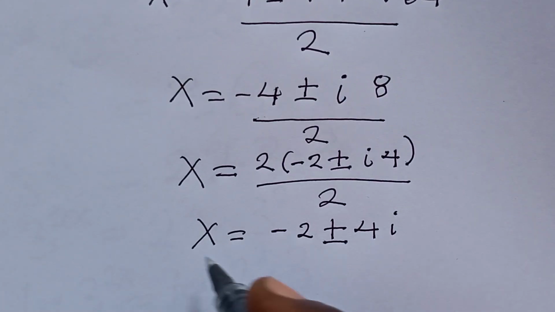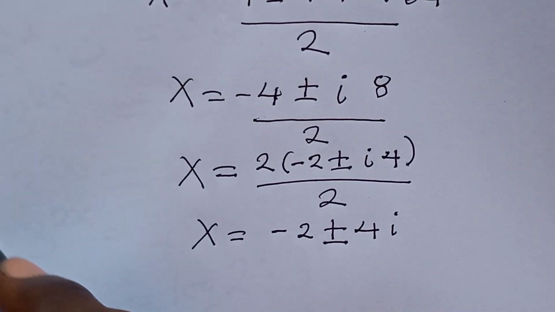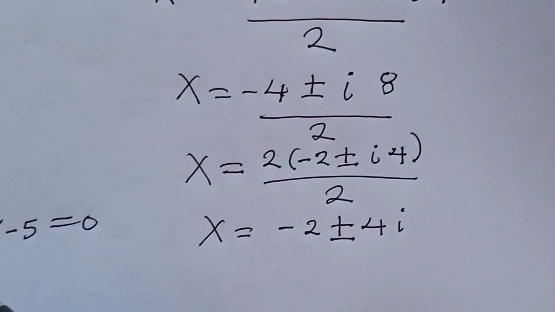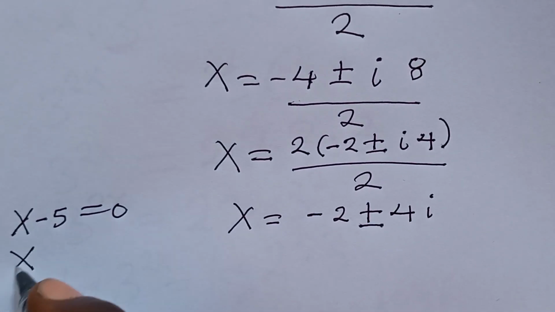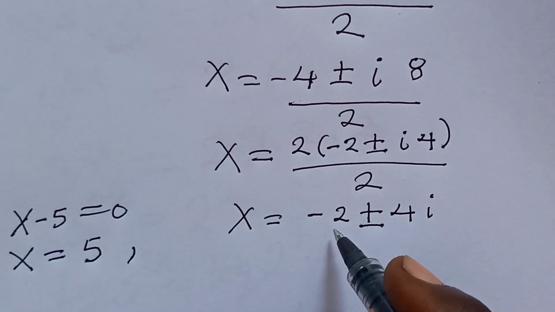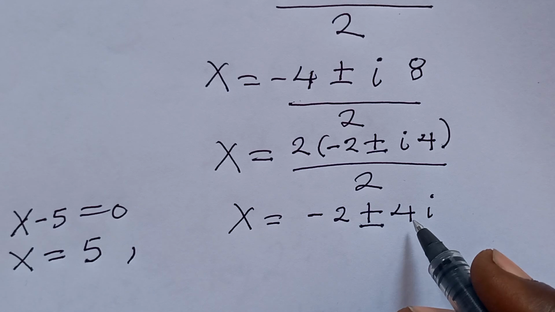So remember that initially in the other question we have x minus 5 equals 0, which implies x is equal to 5. And x equals minus 2 plus or negative 4i.